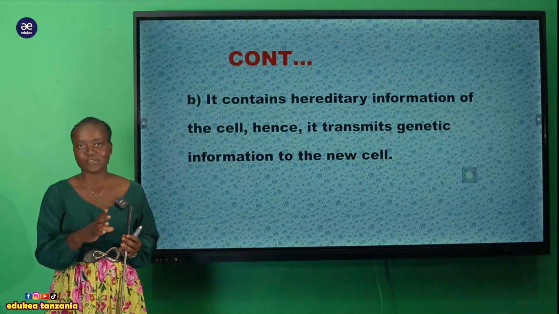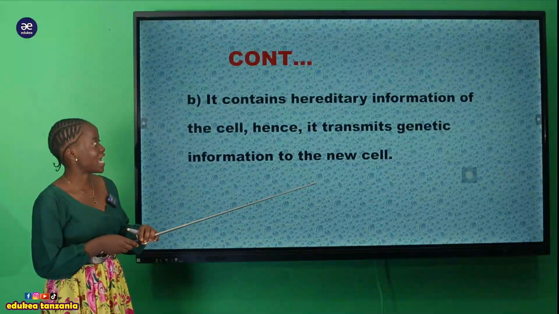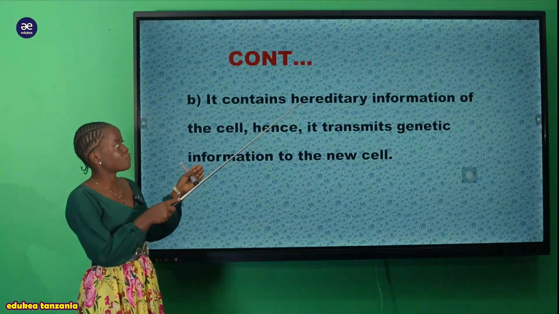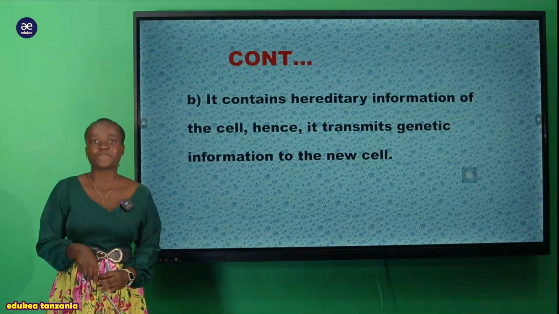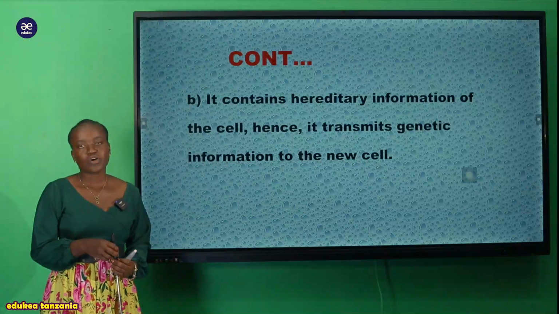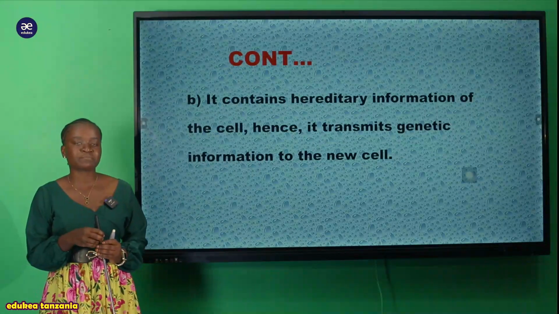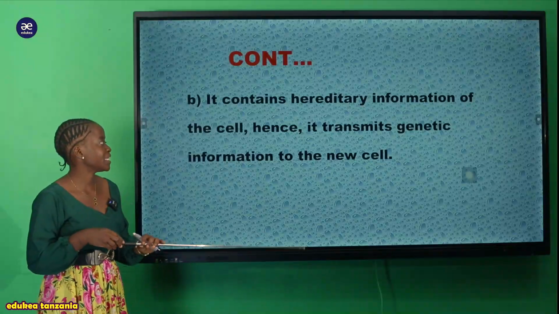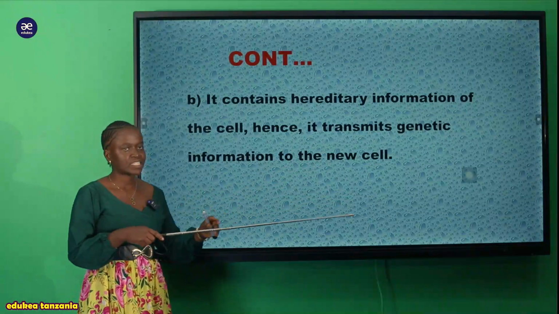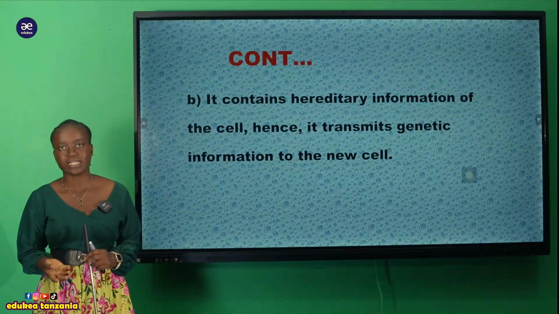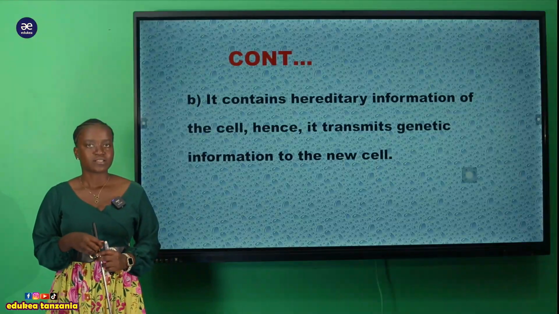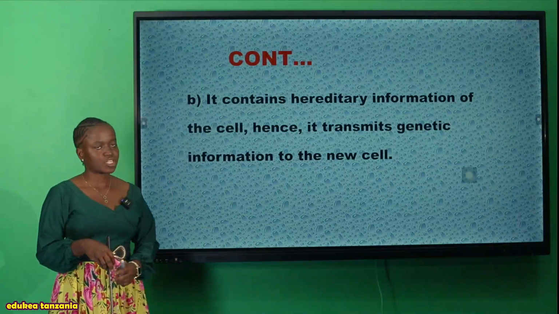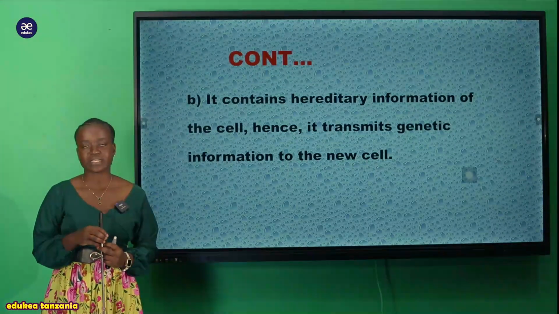The DNA is responsible for carrying this hereditary information. So during replication or cell division is when it can be transmitted from one generation to new daughter cells. So that is the second function of the nucleus.